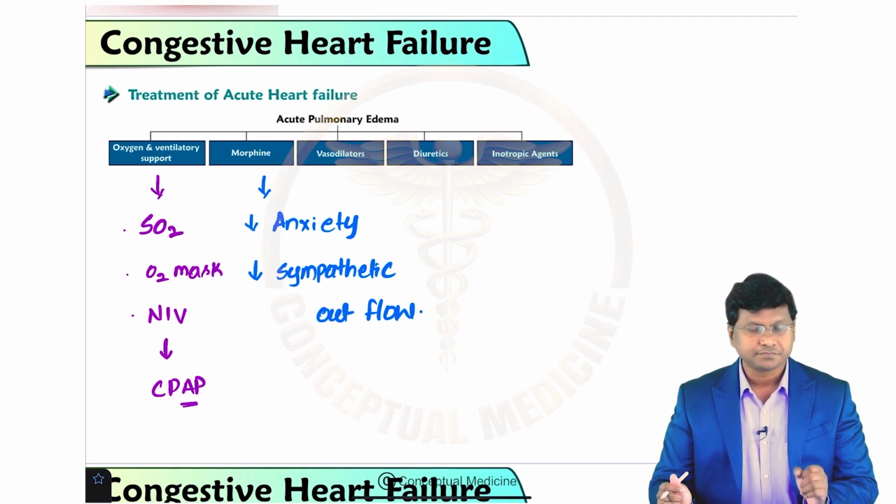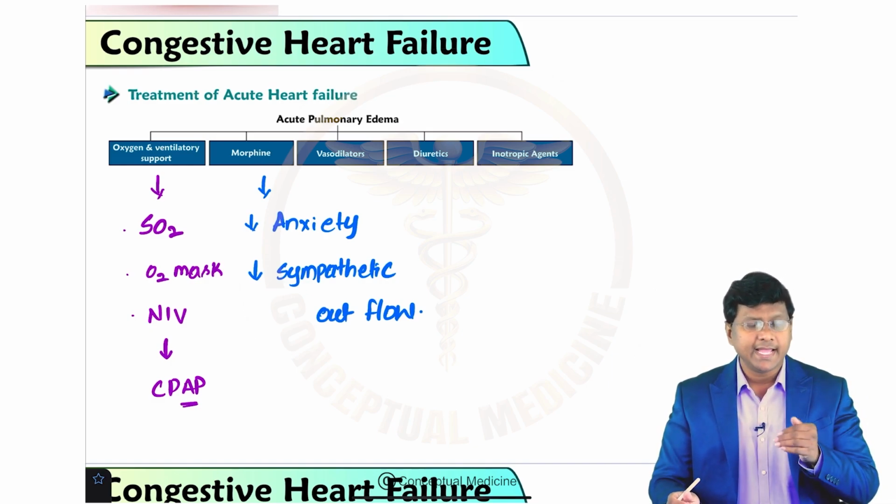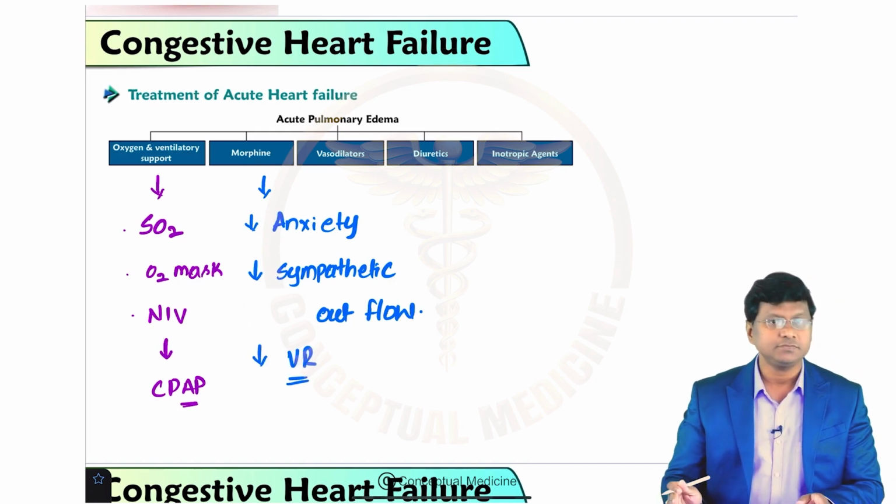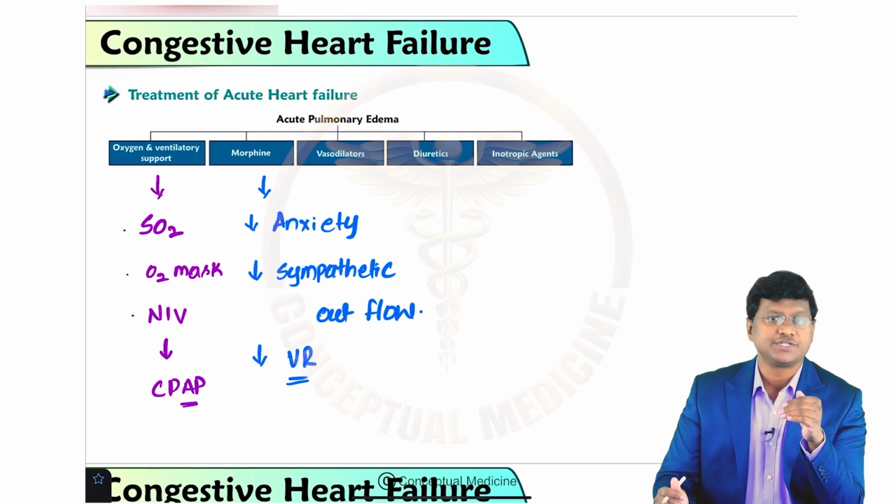And one more important point related to morphine is that it will also decrease the venous return.